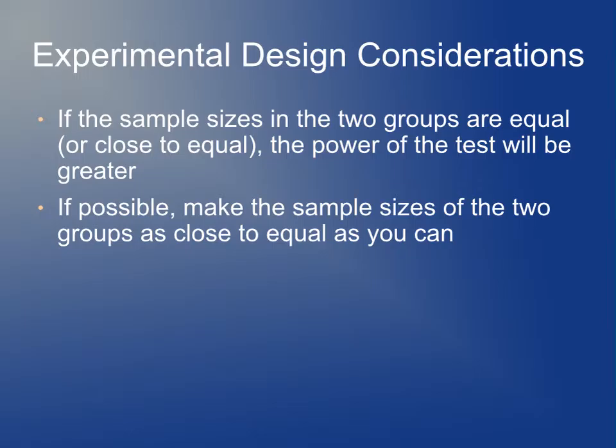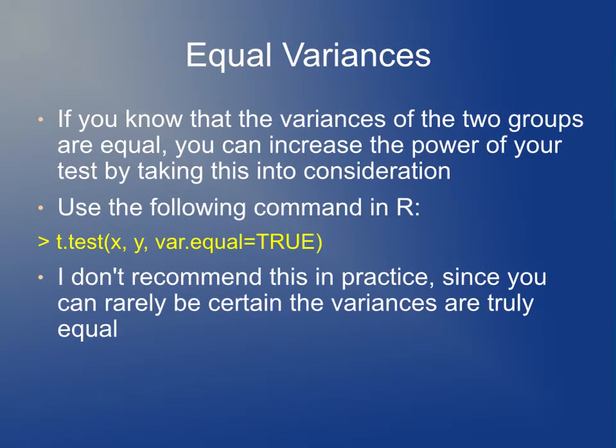That's not always possible, and it's not the end of the world if they're not exactly equal, but if you can only collect a fixed number of samples, you'll get the best power if you collect the same number in both groups.